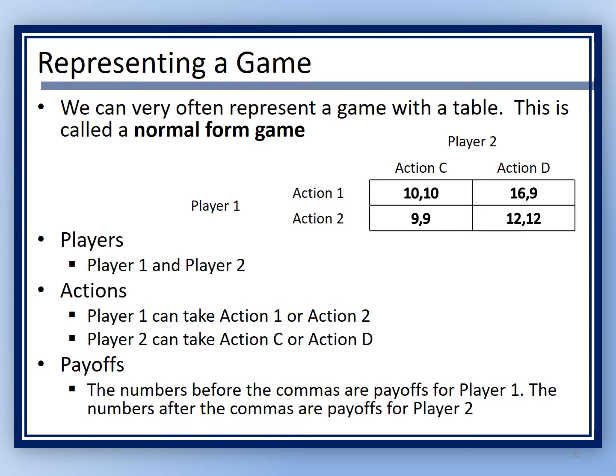The numbers inside each cell represent the payoff in that particular outcome. For example, if player 1 takes action 1 and player 2 takes action C, player 1 gets 10, player 2 gets 10. The number in front is the payoff of the player on the left. The number after the comma is the payoff of the player at the top.